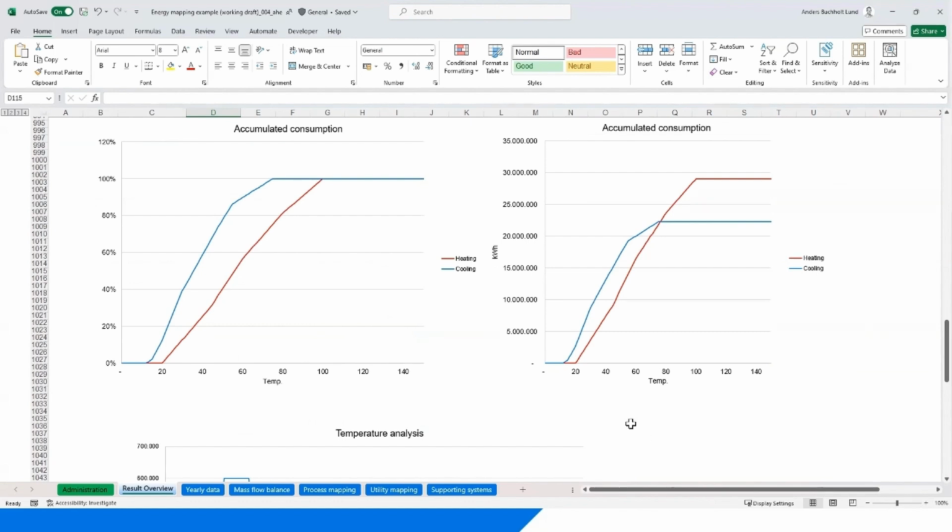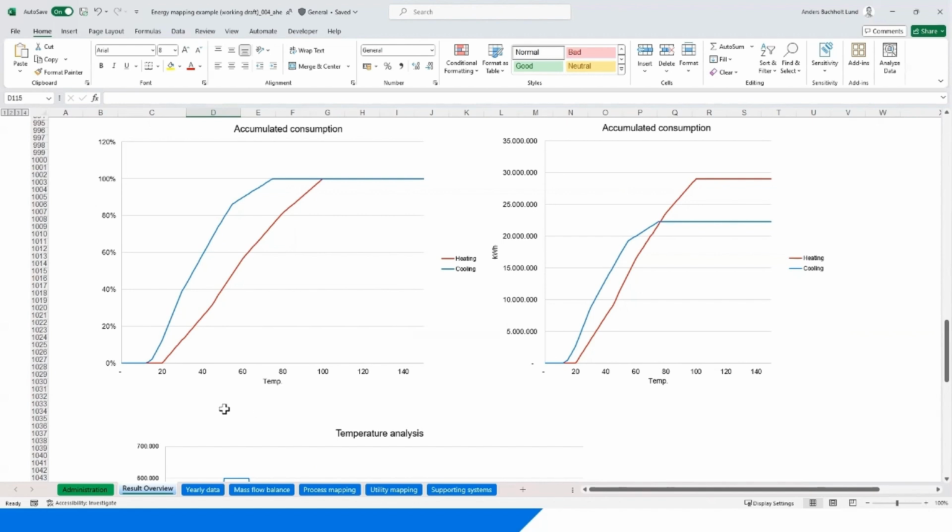So, for instance, this figure shows, as Arnaud explained, that 80% of our heating demand is below 80 degrees. So now we could start discussing, why have we designed our energy system the way that we have? I mean, 80 degrees is very suitable for heat recovery systems in many different ways.